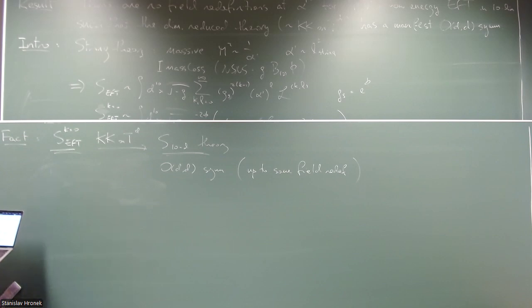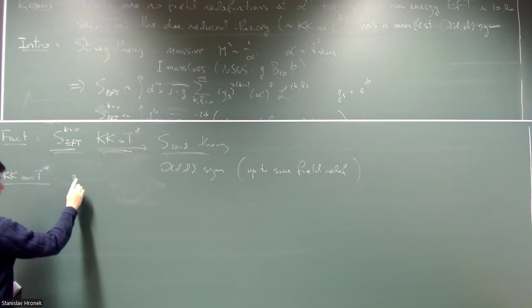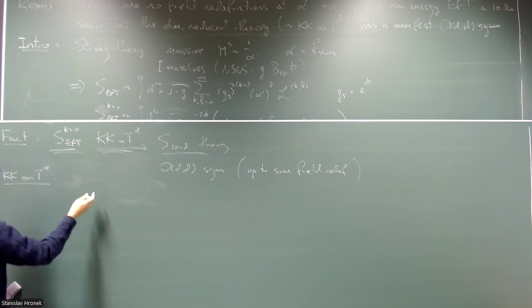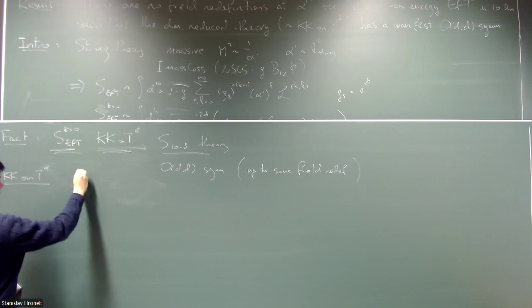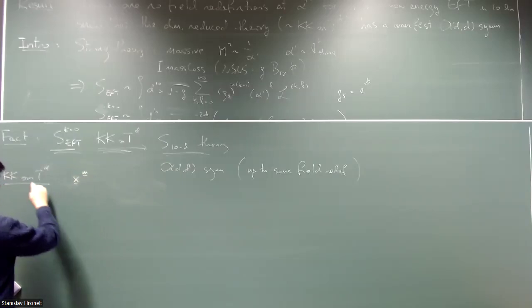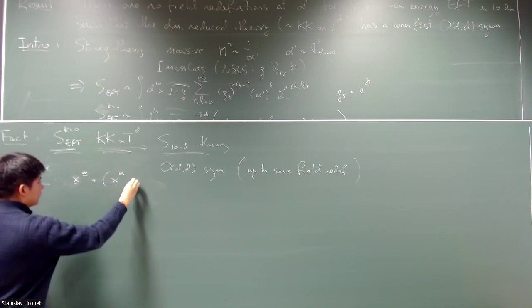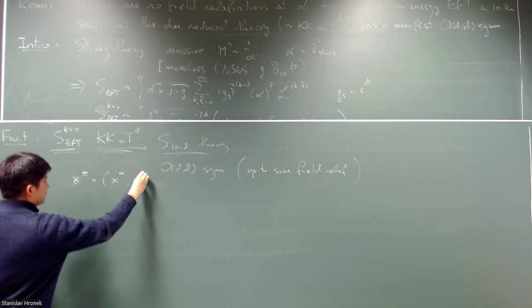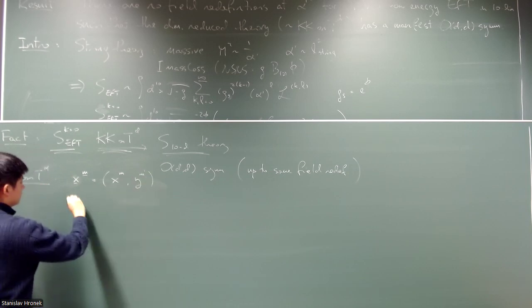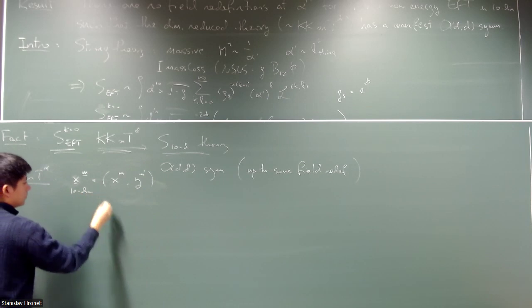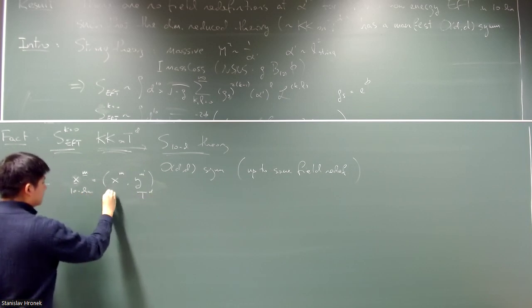So let's see how this part really works. Very roughly speaking, for a metric, let's say our coordinates can be split according to this: x, and let's say that's y. So that's n dimensions, and that's the rest of it.